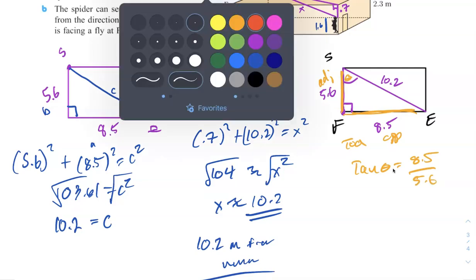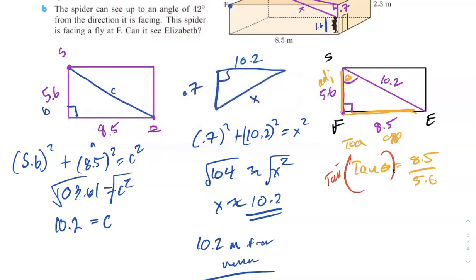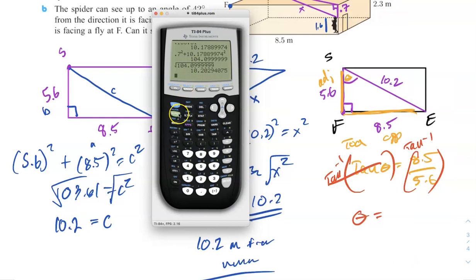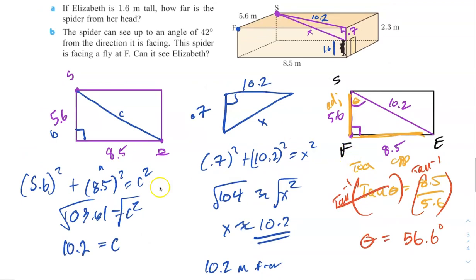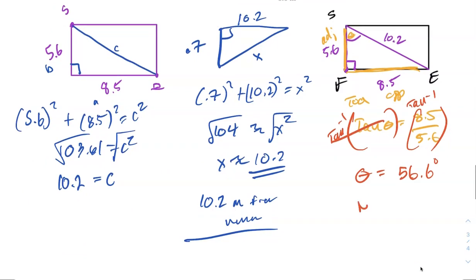To get rid of tan, we take tan inverse, so theta is equal to tan inverse of 8.5 over 5.6. That's about 56 degrees. The spider can see an angle of 42 degrees, and we're at 56, so Liz is safe. It can't see her. That's it.